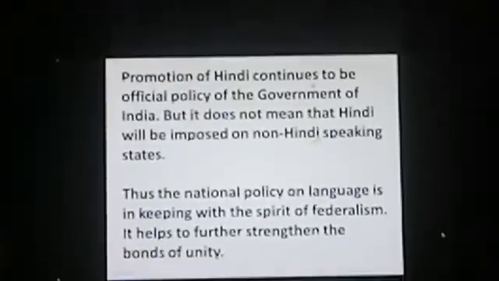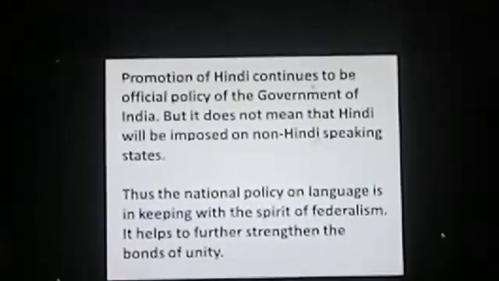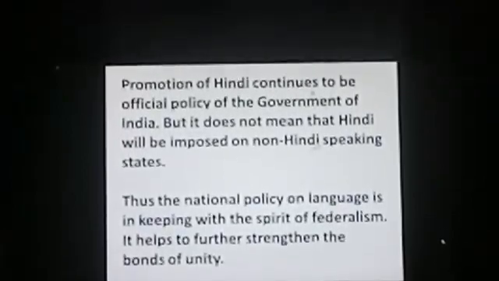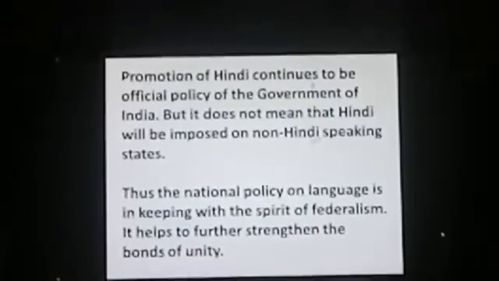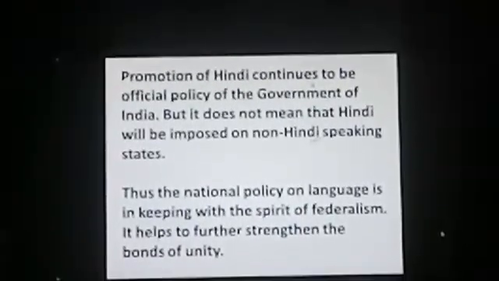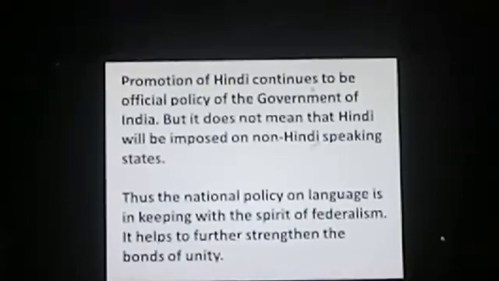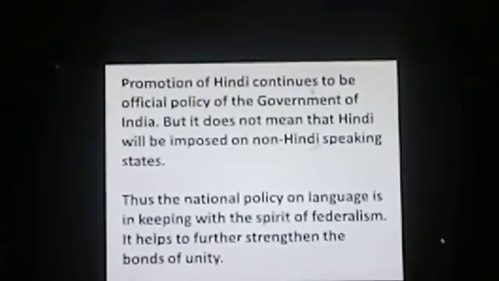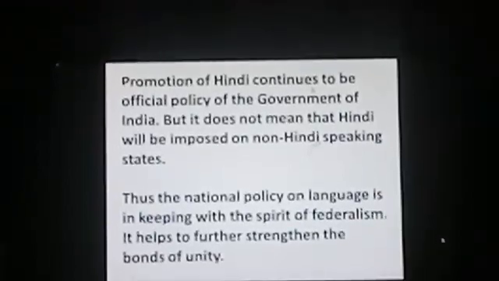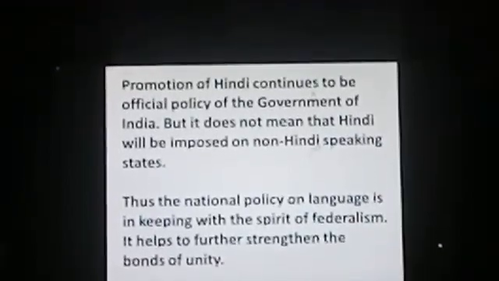States also have their official languages. The maximum work of the government takes place in the official language of that particular state. Promotion of Hindi continues to be the official policy of the Government of India, but it does not mean that Hindi will be imposed on non-Hindi speaking states.